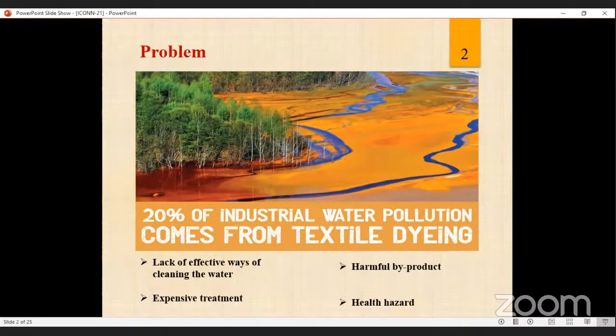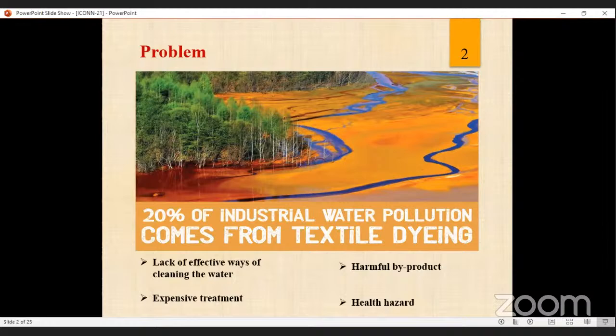Even if we come up with effective treatments, they are quite expensive, and these expensive treatments have their own harmful byproducts, and certain dyes are still not degradable, which add to the contaminants already present in the water, which is life-threatening and causes life-threatening diseases to all forms of life on Earth.